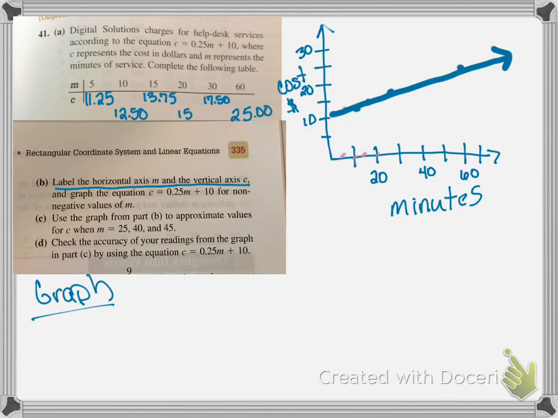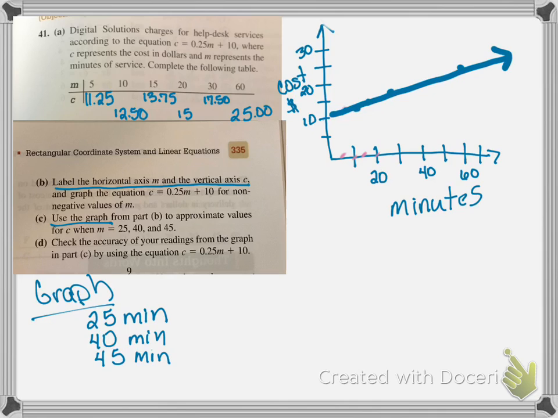Okay? Approximation means that we are estimating. Is it possible that we don't figure it out exact? It is. So the first thing that I'm supposed to figure out using the graph is we are going to approximate how much does it cost for 25 minutes. Now we are using the graph for this. So I am going to look at my graph and I'm going to go to 25 minutes.